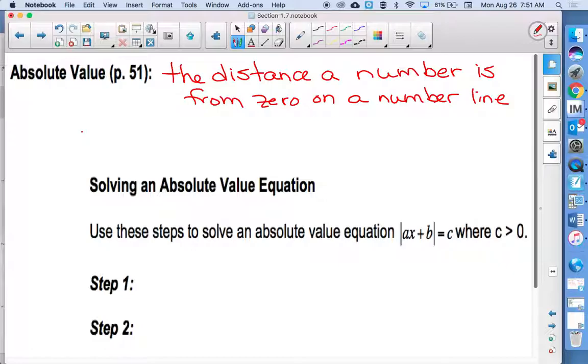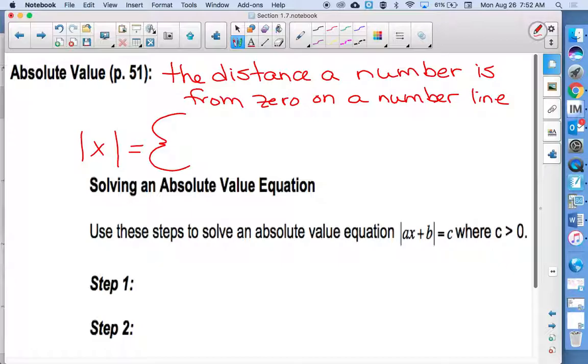We're going to write a little definition here that's more algebraic. Sometimes we like to see the algebra definition. So absolute value of x, any number, can be kind of thought of in 3 separate cases.